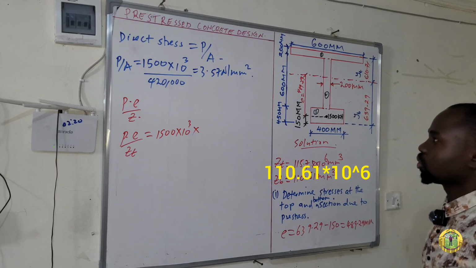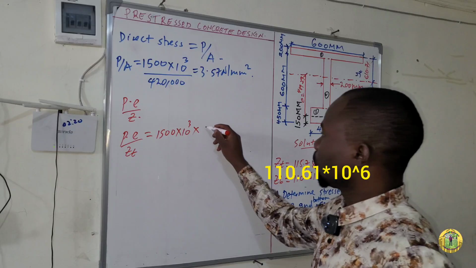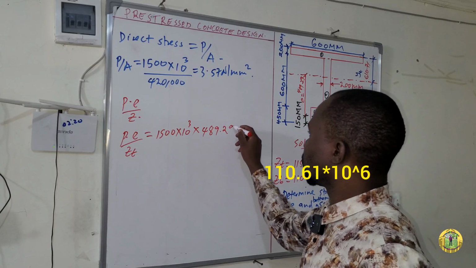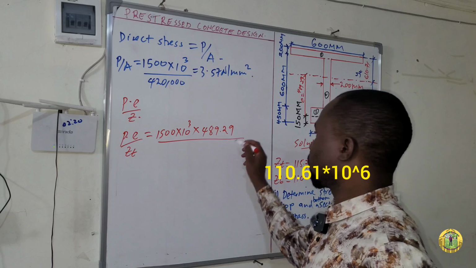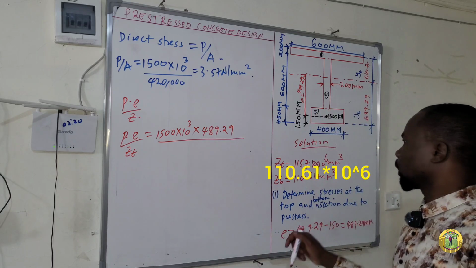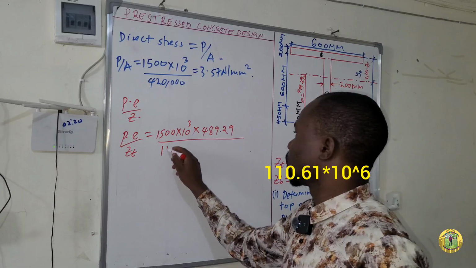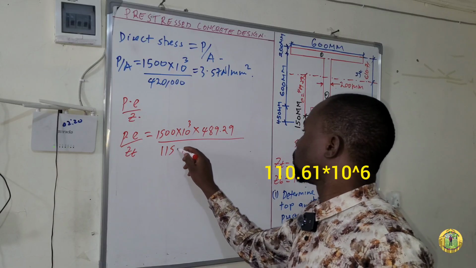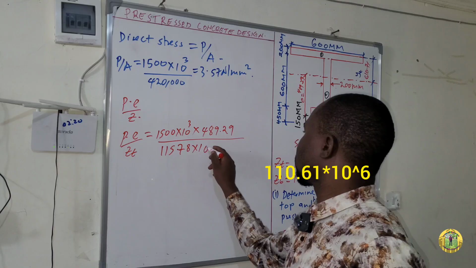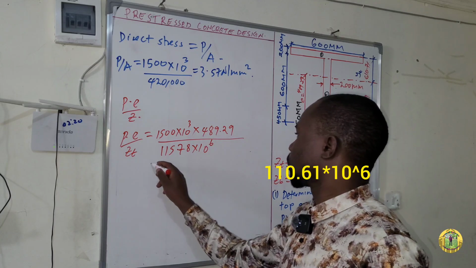So E is equal to 489.29. Multiply by 489.29 and then divide by Z top, which is 115.78 times 10 to the power of 6.